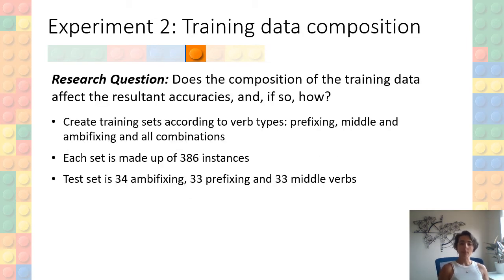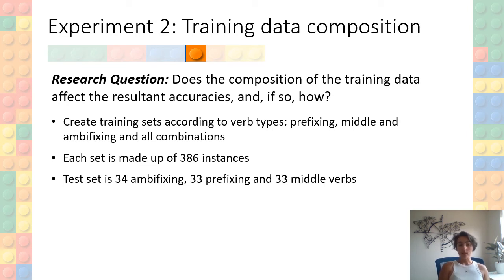In our second experiment, we explored the effects of the composition of the training data, and this question arose from the differences we saw between the random and Zipf sampling. So we created training sets according to verb type. So we had prefixing only, middle only, and ambifixing only, and then the combinations of each: prefixing middle, prefixing ambifixing, middle ambifixing, and then one category which had an equal distribution of prefixing, middle, and ambifixing.